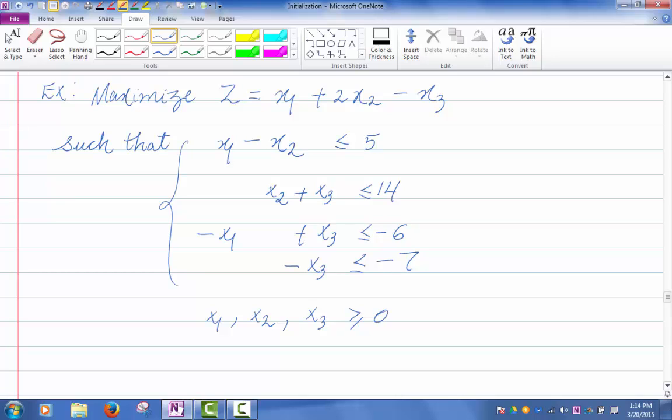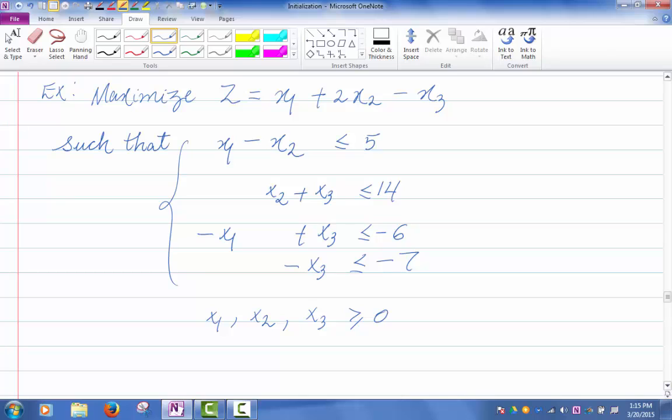Okay, so the question here is maximize the objective function z, which is x1 plus 2x2 minus x3, subject to the constraints x1 minus x2 less than or equal to 5, x2 plus x3 less than or equal to 14, minus x1 plus x3 less than or equal to negative 6, minus x3 less than or equal to negative 7, x1, x2, x3 are all non-negative. Okay? This is the original problem.